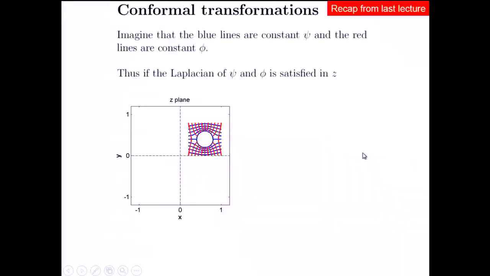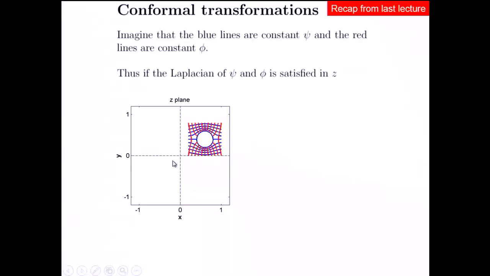So why is the conformal transformation important to us? Let's think about the stream function and the potential function. Let's think these red lines are constant stream function lines and the blue lines are constant potential function lines. They should always be perpendicular to each other, right, as required by our definition.